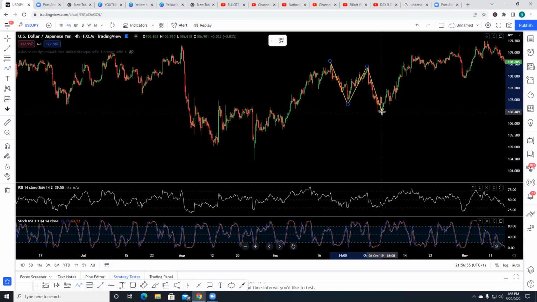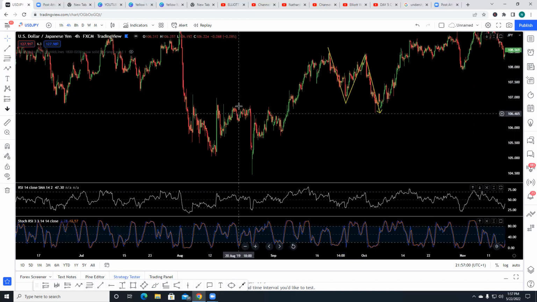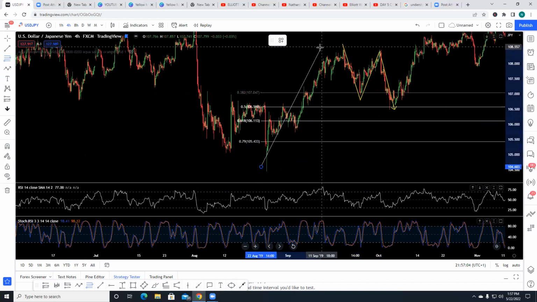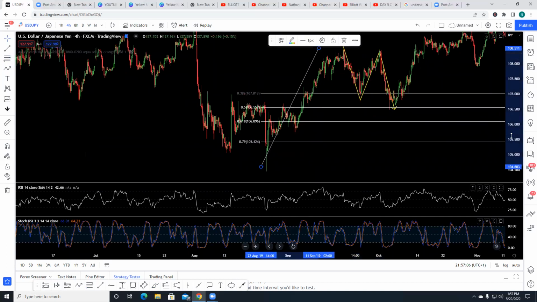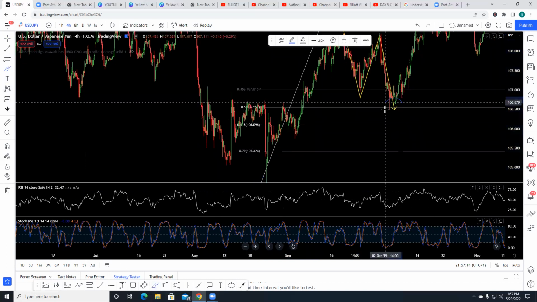Zigzag here. So this zigzag that you have here, the first thing you must do is to measure this length. Are you up to 50% to 61.8? Yes, you are. Can you see 50%? So that one is confirmed.